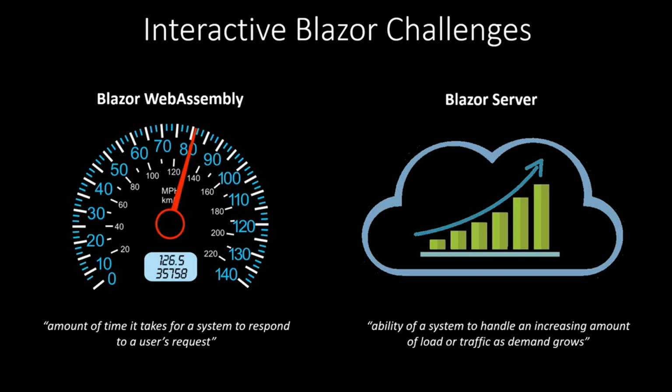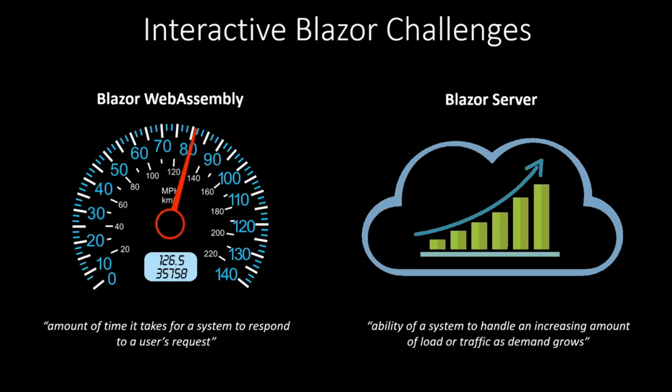Blazor Server, on the other hand, was running on the server using a SignalR connection, a WebSocket connection, which was very fast. So the initial content that was rendered to the browser was very fast. It didn't suffer from the same problems as WebAssembly. However, Blazor Server, because of its interactive nature, would maintain state on the server for every user connection.